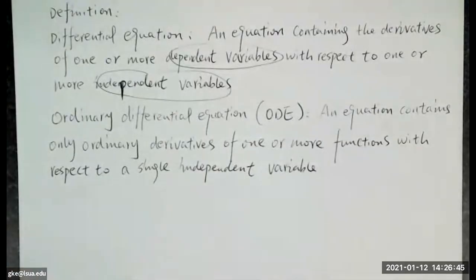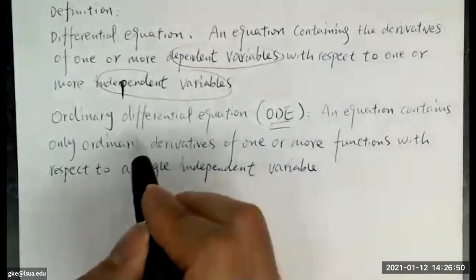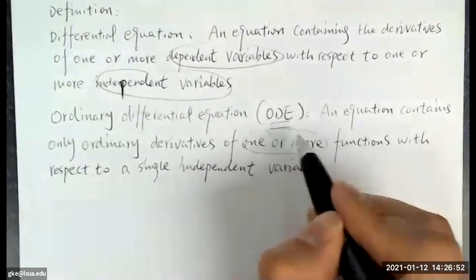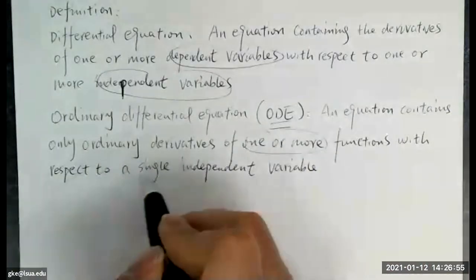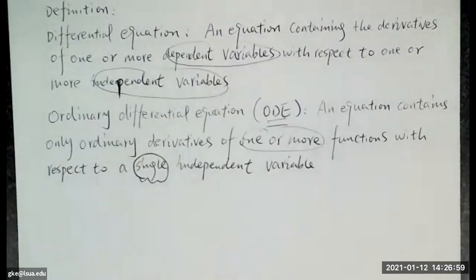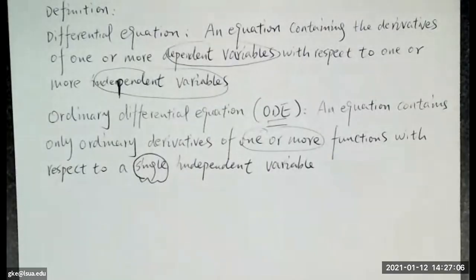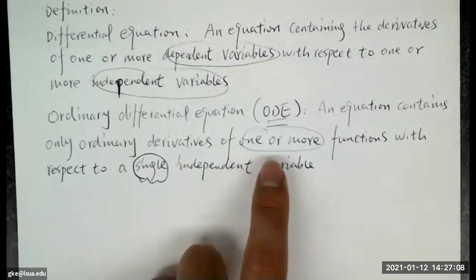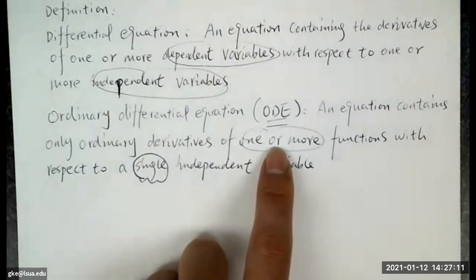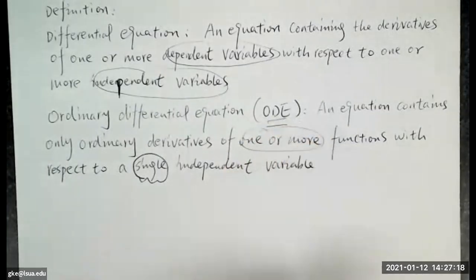Okay, so the keywords for the ODE: we have one or more functions with respect to a single independent variable. That's very important, the keywords. A single independent variable. For the dependent, we can have one or more functions.